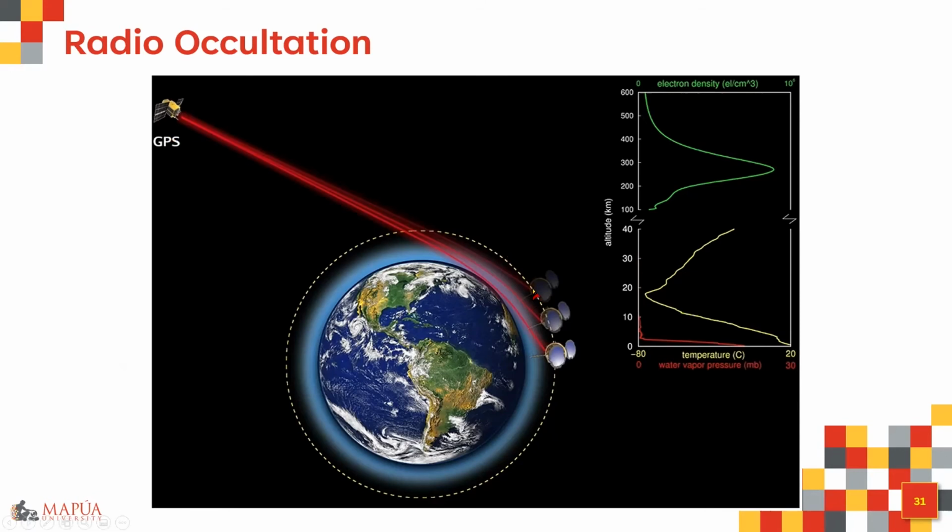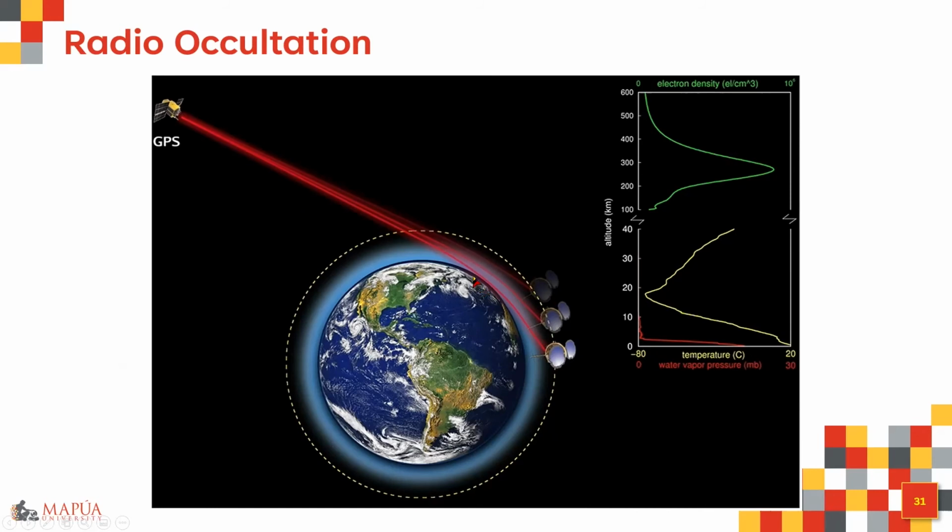As this low Earth orbit satellite orbits the Earth, let's say at this point, since the signal already passes through a thin amount of the ionosphere, this radio wave is refracted or bent slightly. But as this satellite goes in this direction, more and more of the radio waves is being refracted.